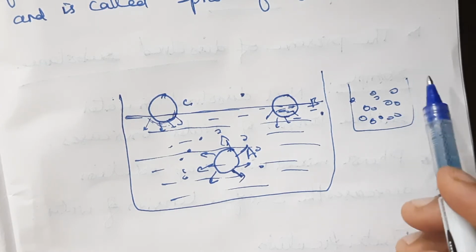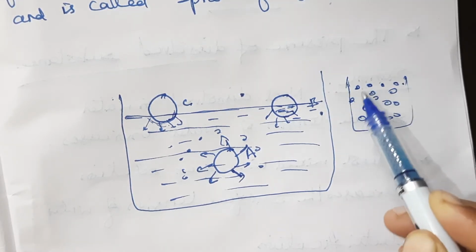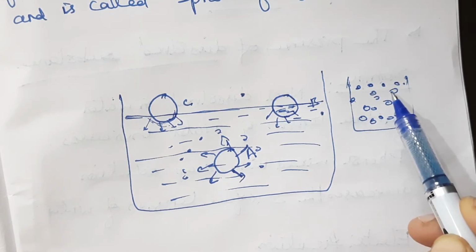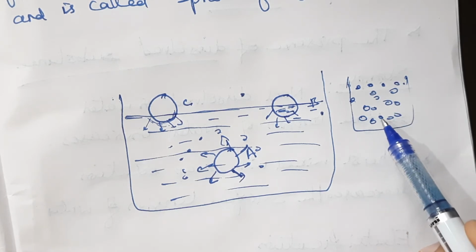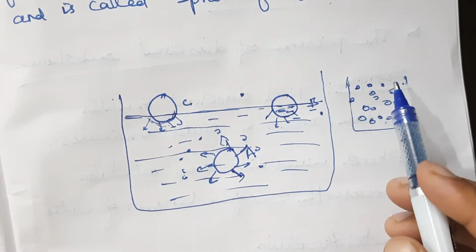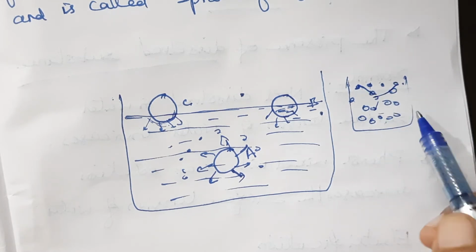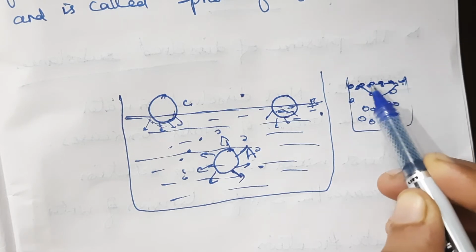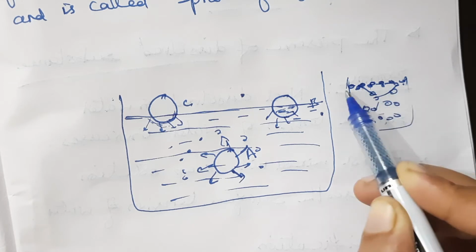The molecules which are on the surface of the liquid will be attracted in the downward direction, and among these surface molecules there is an attraction along this line.